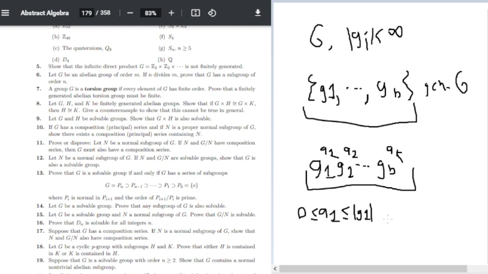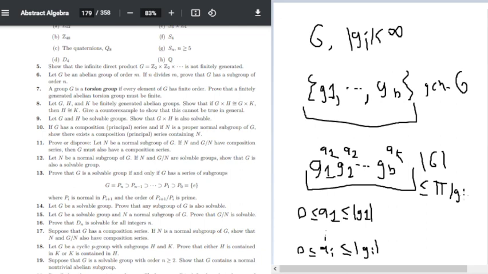However, if there are only these many possible combinations, we can put an upper bound on the order of G as being less than or equal to the product of the orders of Gi, which is strictly less than infinity, because each element has finite order, and we are having a finitely generated group.